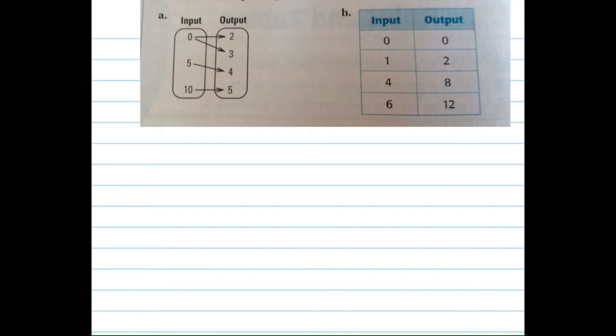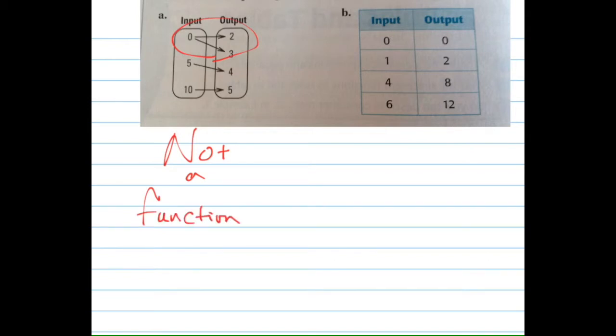Let's look at A. Is A a function? Does each input have only one output? No. Which one is breaking the rule? 0. 0 has 2 outputs. So that is not a function. There's our answer.